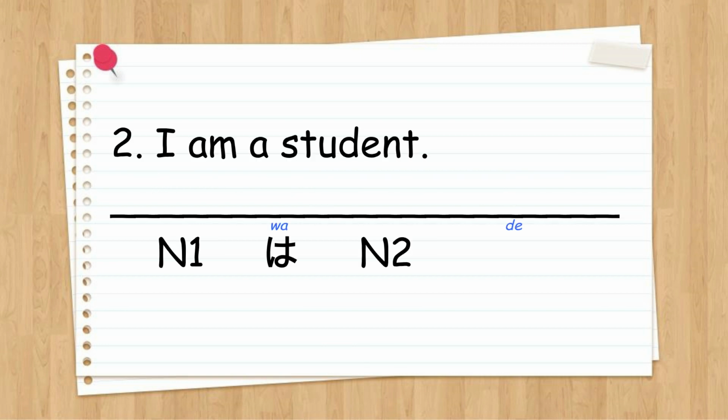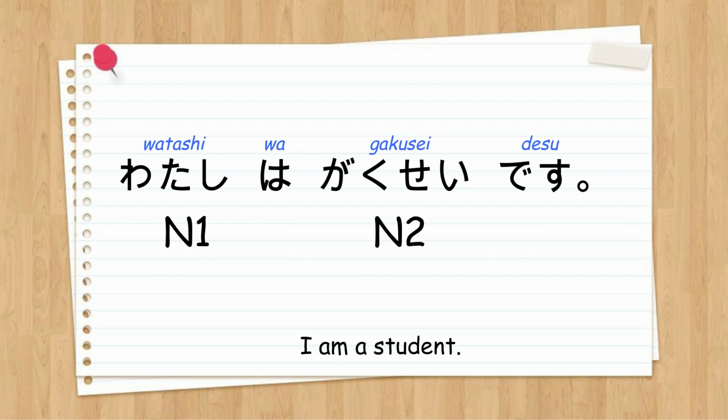Also, if I have introduced myself as a teacher, which is watashi wa sensei desu, try to introduce yourself as a student. Student in Nihongo is gakusei. Your answer should go like this: watashi wa gakusei desu.